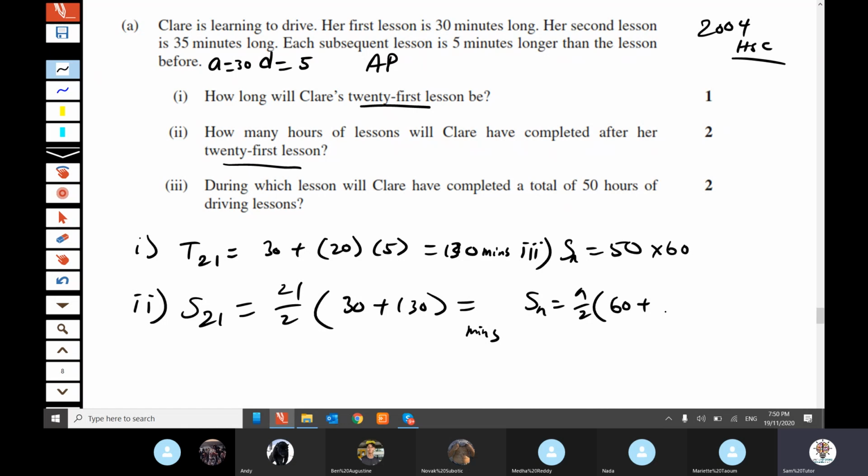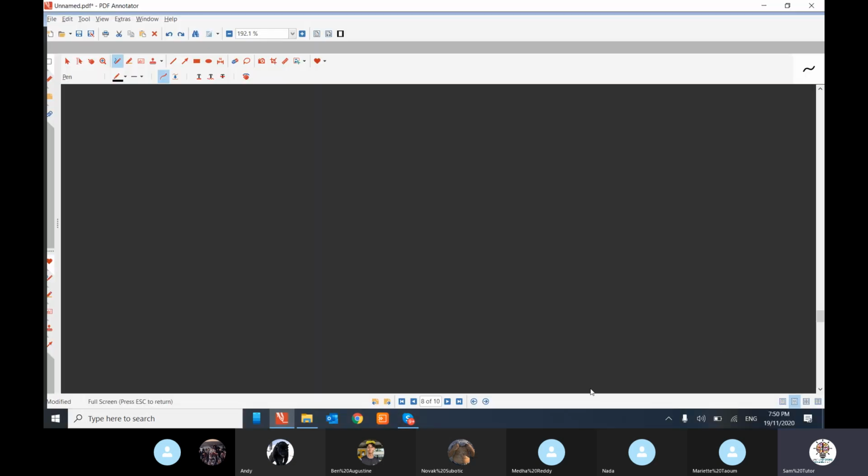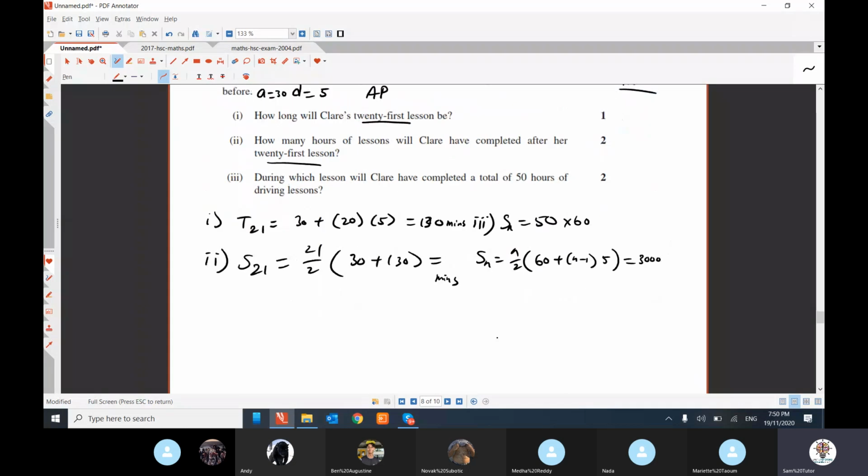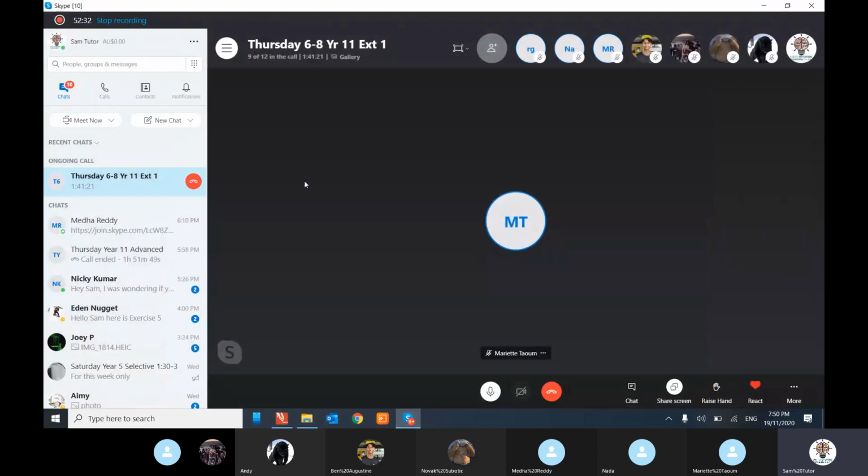Yeah, perfect. n over 2 times (60 plus (n minus 1)d) equals 3,000. And then can we assume, again, quadratic formula? Can you guys see it's pretty much the same as what we just did before? We're happy? What's 6,000 divided by 4? Done.